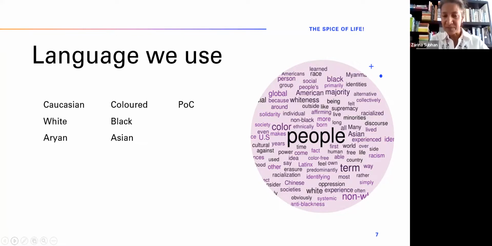Person of colour has been used much more in recent years and is used a lot more in the United States than I think it is in the UK. You've got woman of colour because you've got different issues coming into place as a female in society and a non-white female in society.